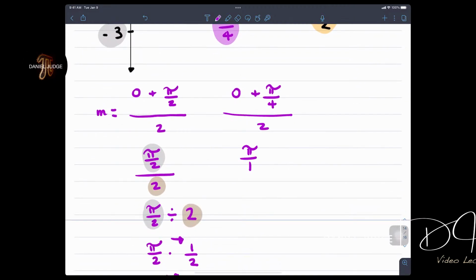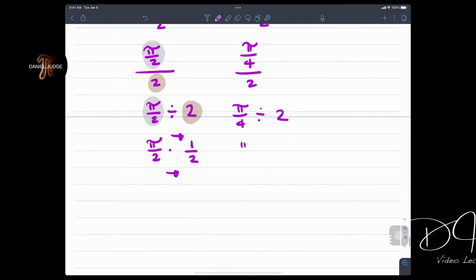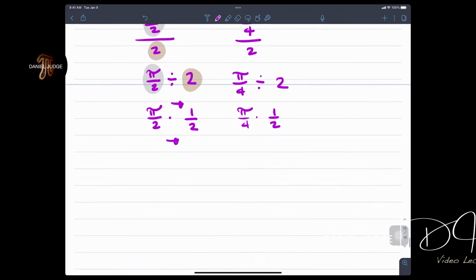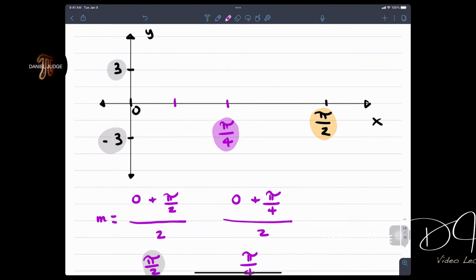This will give you pi over 4 divided by 2, or I should say, write this as the horizontal definition of division, so we know what to do. So you multiply by the reciprocal of 2, and this becomes pi over 8 now. All right, pi over 8.